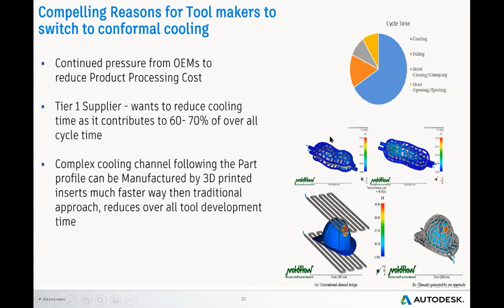We can see from the picture on the left side, that's the traditional cooling, which is not an effective way. But on the right side, the cooling channel flows along the part, which is quite an effective way to cool the part down and reduce the cycle time.